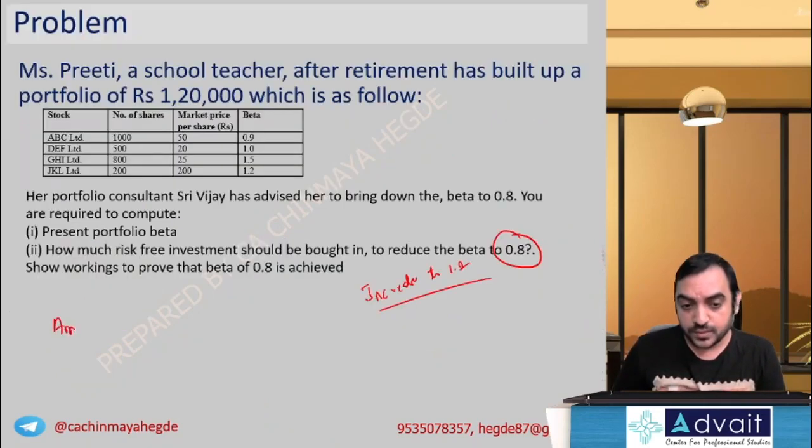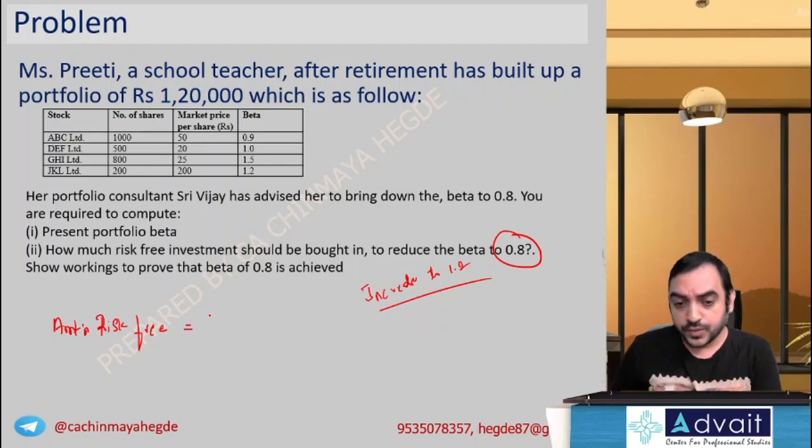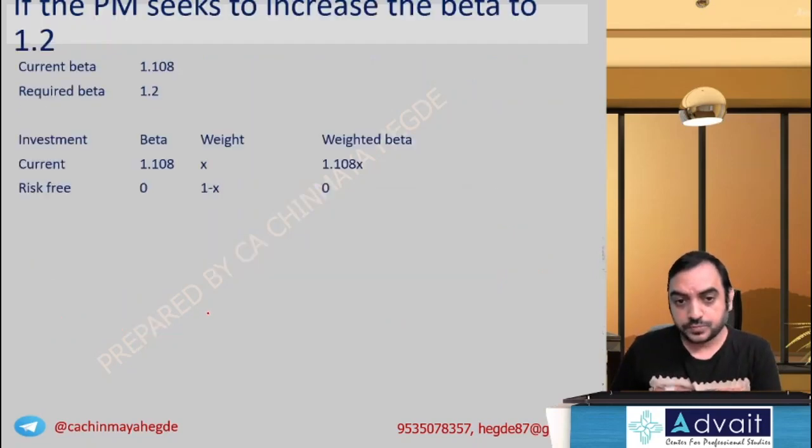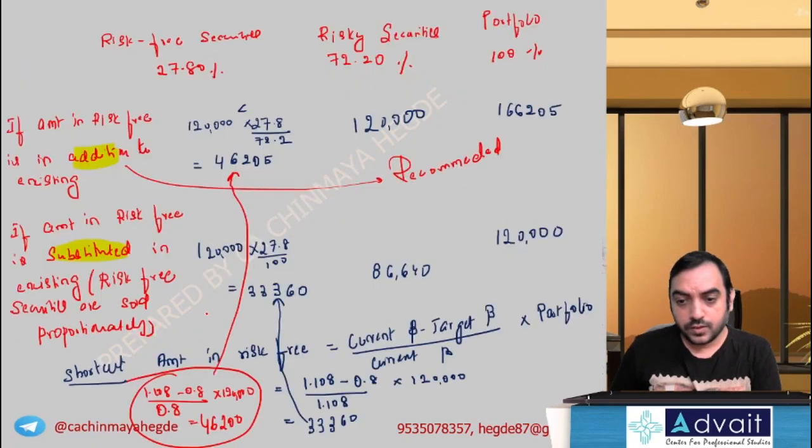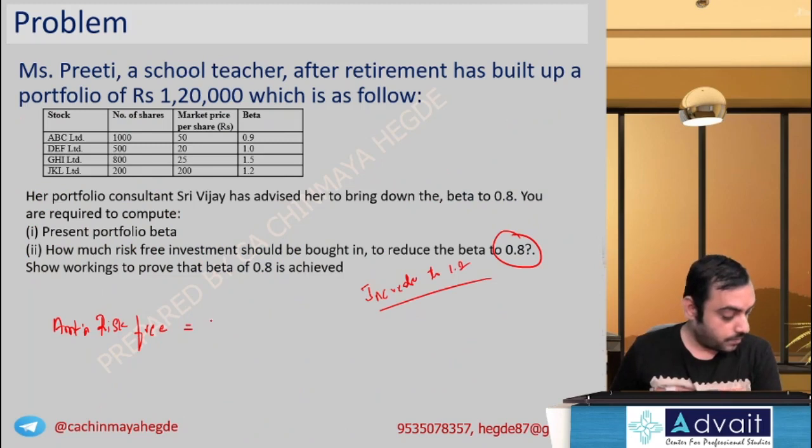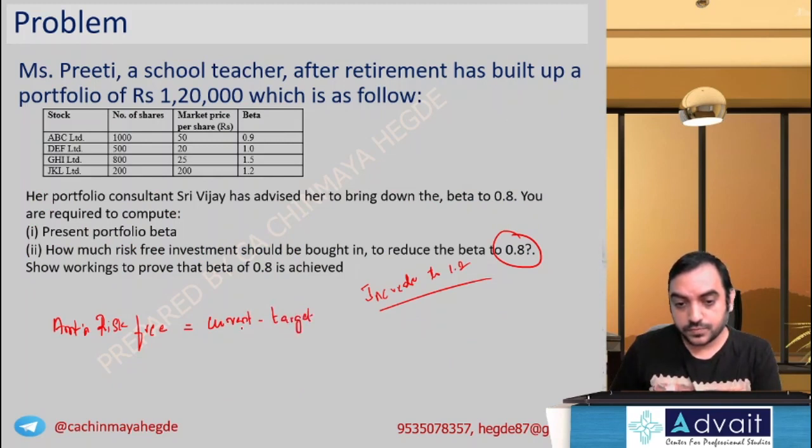So what is the shortcut? Amount in risk-free: current minus target, by target, into whatever the portfolio amount.